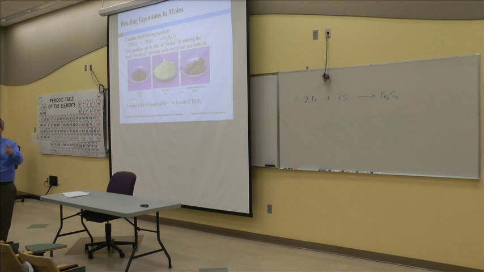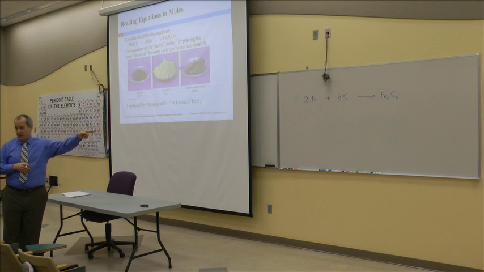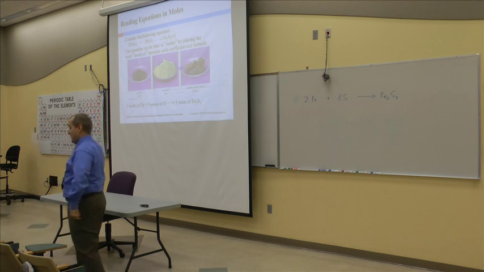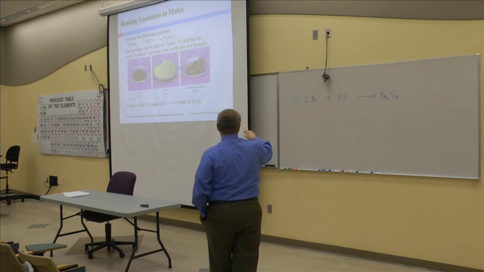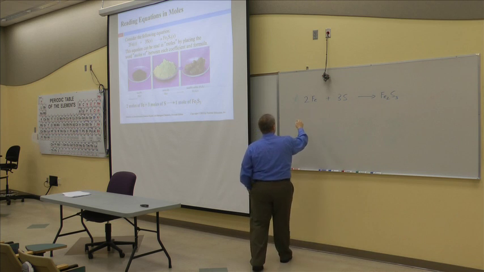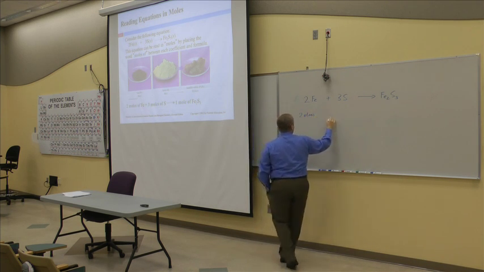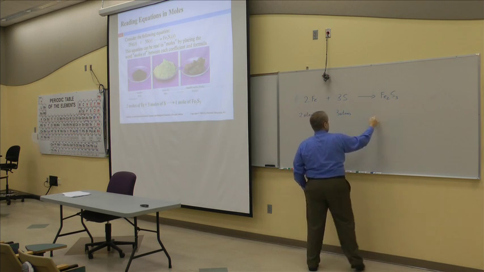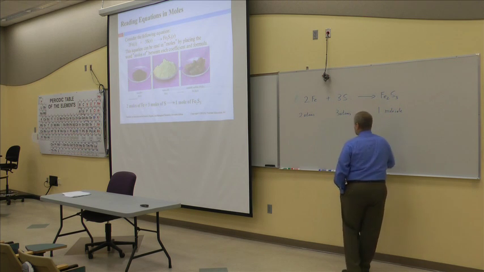Some magic happens, and I get 1 molecule of iron 3 sulfide. Okay, that's what that equation is telling us. It may not seem that way, but that's what it's saying. 2 atoms of iron, and 3 atoms gives me 1 molecule. So far, so good?